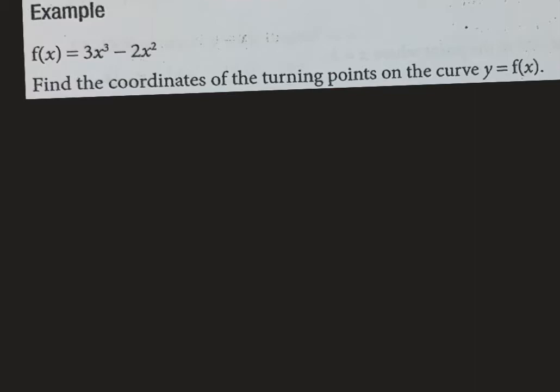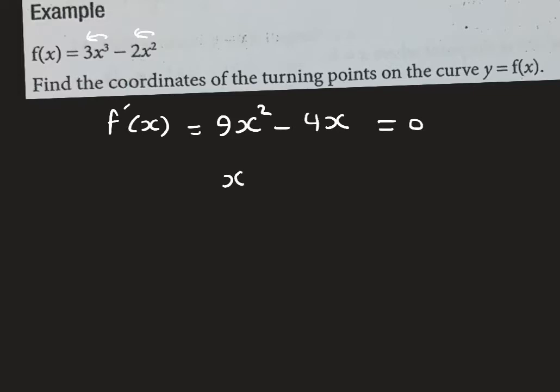f'(x) will be 3 times 3 which is 9, so 9x^2, minus 2 times 2 which is 4, so 4x. Now equate to 0. To solve this equation, we can factorize, take x as common factor, so 9x minus 4 equals 0.